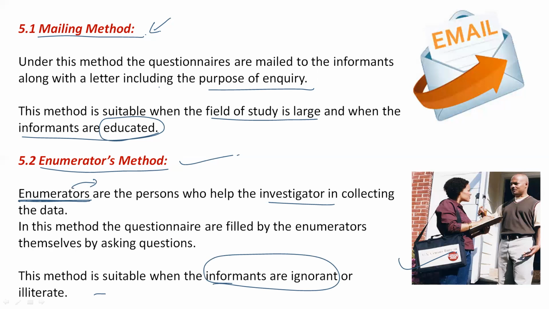So these were the methods of collection of primary data. According to the research, the investigator can choose any one or many of these methods for collecting the primary data. But collecting the data accurately is very important for conducting the research.